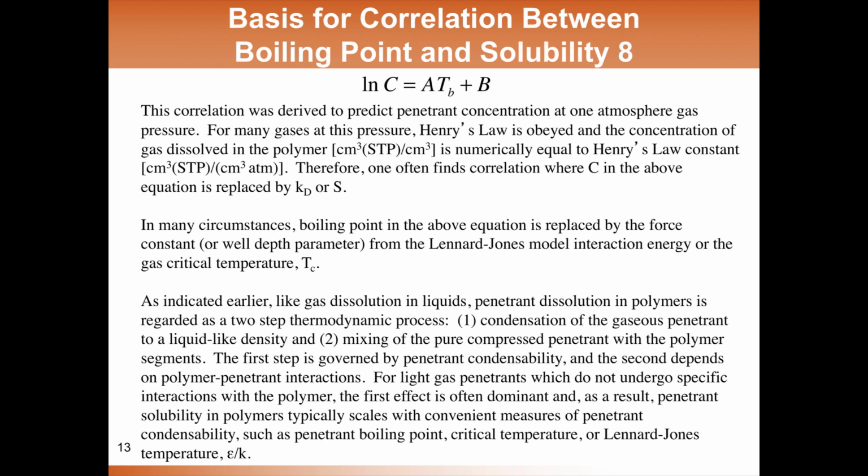So there are linear correlations among all of these independent variables: boiling point, critical temperature, Lennard-Jones well depth, and delta H of vaporization. They're all getting at the point that the higher those parameters are, the more energy there is between penetrant molecules. That is, the greater is the delta H of vaporization, the deeper is the Lennard-Jones well depth, and the more condensable the gas will be, or the greater will be its tendency to condense at a given condition, like around ambient conditions.